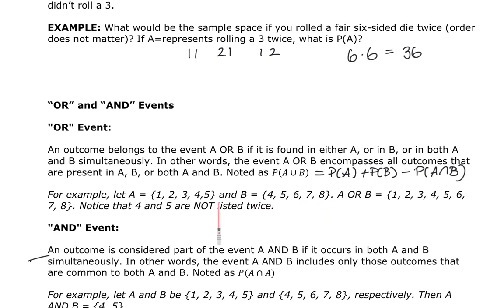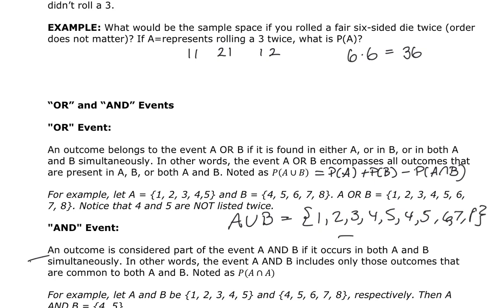And then you'd notice if I were to have just listed out A union B, without pulling off any overlap, I'd have 1, 2, 3, 4, 5, 4, 5, 6, 7, and 8.